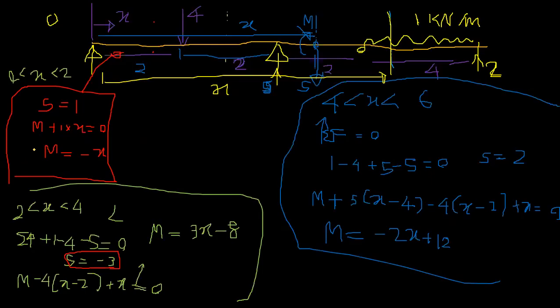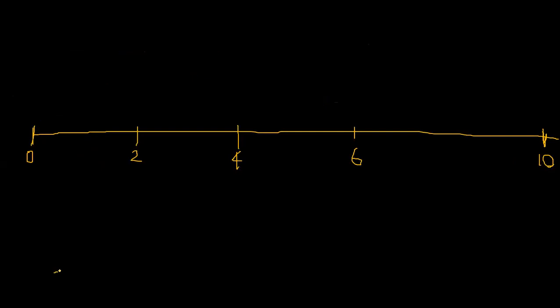Right? 0, 2, 4, 6, and 10. Right? Within x equals 0 to 2, our bending moment was minus x. At it is minus x.